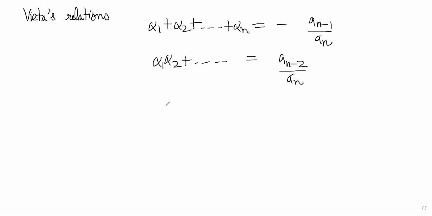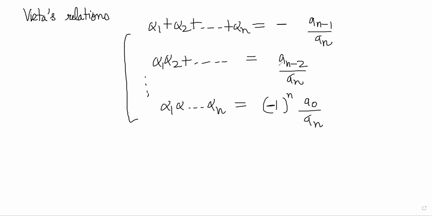And finally, the product of the roots taken n at a time would be minus 1 power n, a_0 by a_n. I am sure all of you are familiar with this, so I'll not spend too much time on it. Vieta's relation is a pretty standard result.